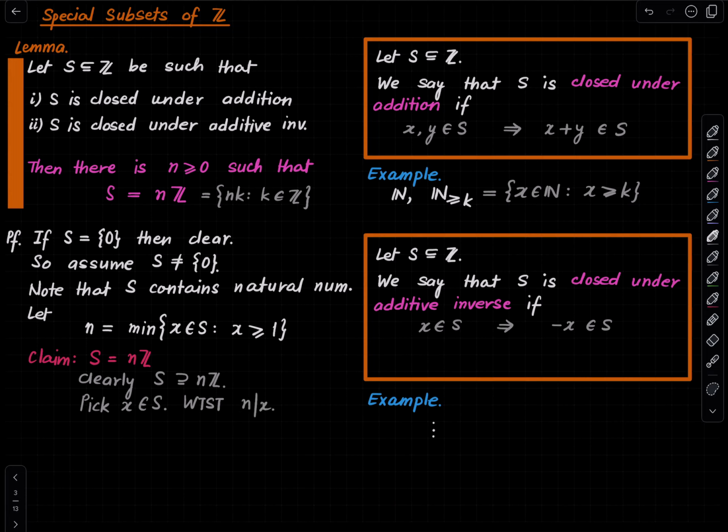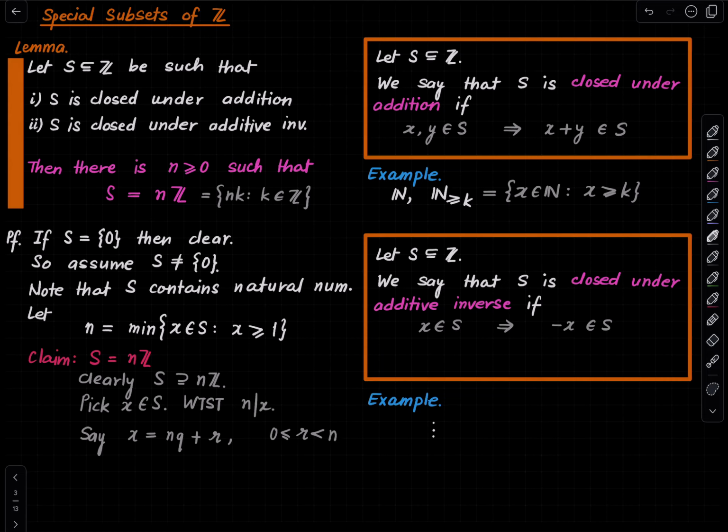Once we do this, we will have proven the claim and the lemma. So why is that? Well, what do you do when you want to say that something is divisible by something? You use the division with remainder theorem. So say x is equal to nq plus r, where q is some integer but r is in this range.